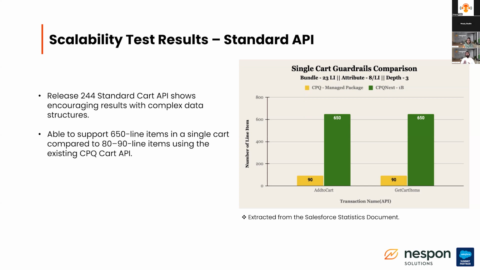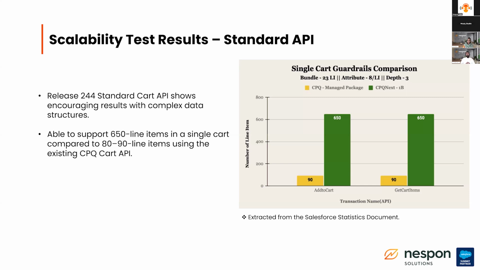Having worked with B2B customers, we understand that they typically expect to include a large number of line items within a single cart. When they exceed 90 line items, they are often required to create multiple orders, which can be time consuming. However, the Standard Cart API offers a significant improvement, increasing the limit to 650 line items per cart.